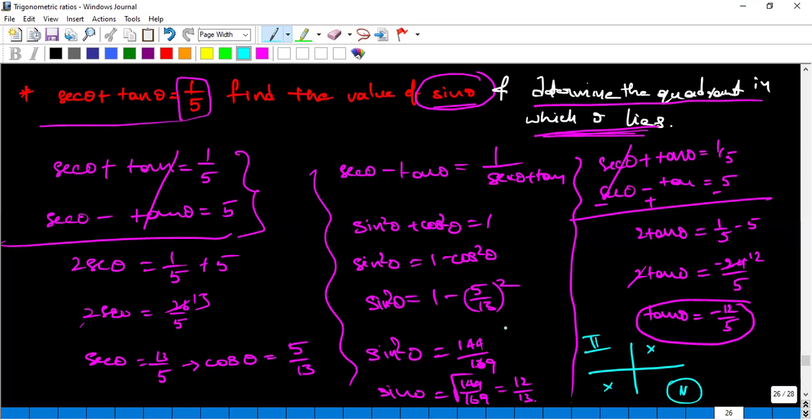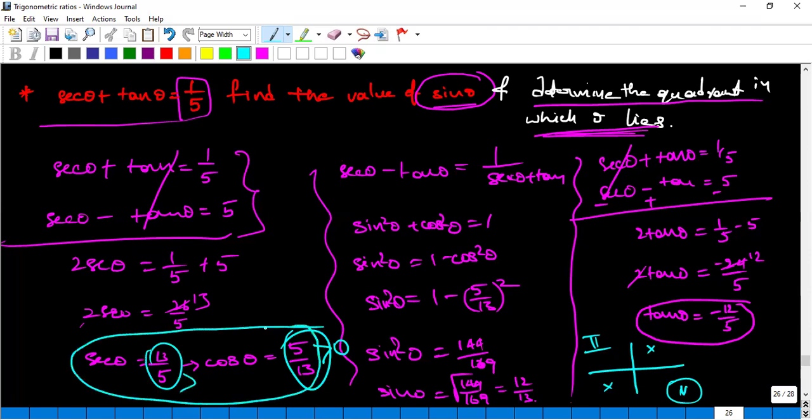Just now we have calculated here sine theta as 12 by 13. See, we calculated here cos is positive, secant is positive. Both are positive in only one.